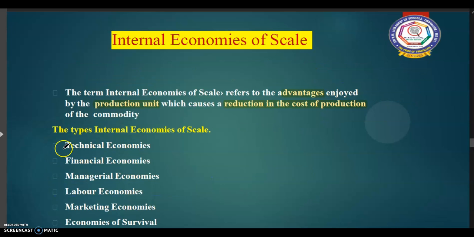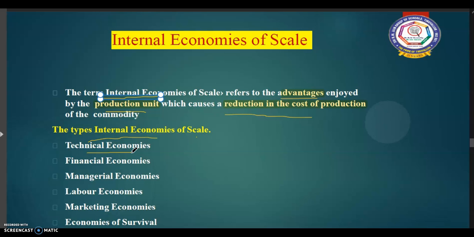The term internal economies of scale refers to the advantages enjoyed by the production unit which cause a reduction in the cost of production. So these internal economies bring a change in the production unit, through which the cost of production becomes low. There are different types of internal economies of scale.